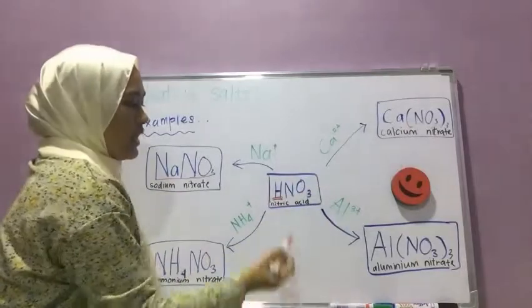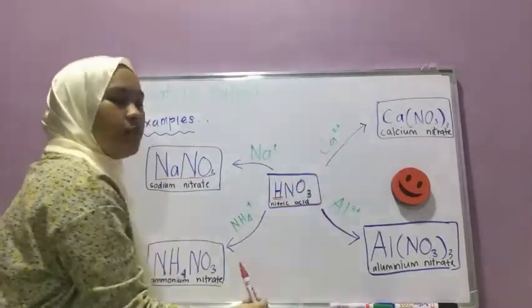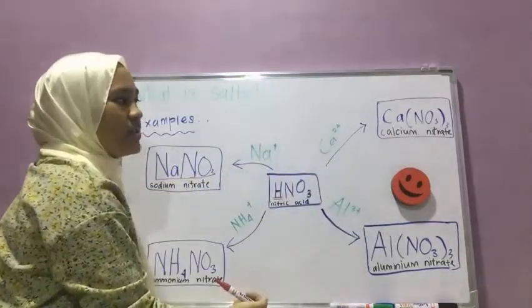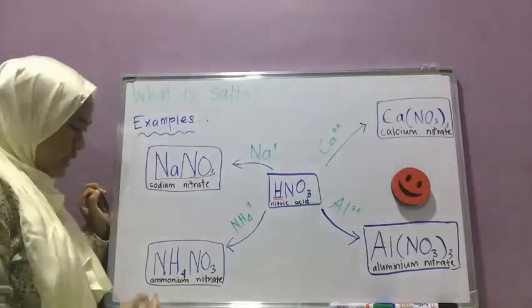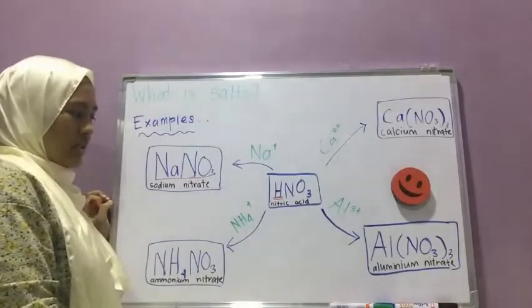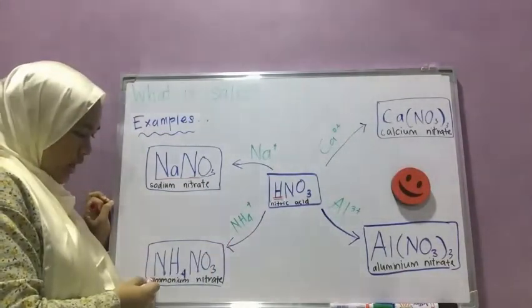So this hydrogen replaced by Ca2+, as you can see, the result becomes calcium nitrate. And here, hydrogen replaced by ammonium.